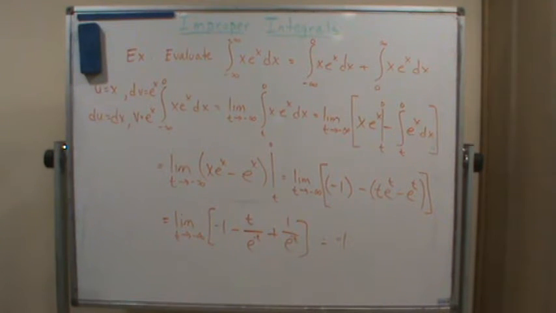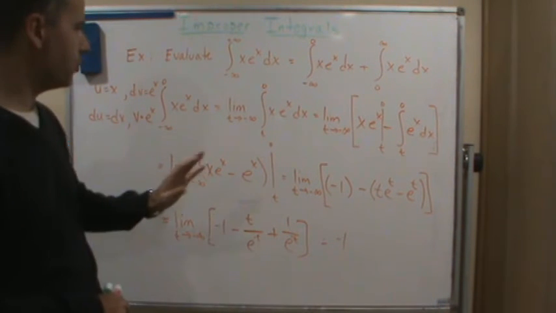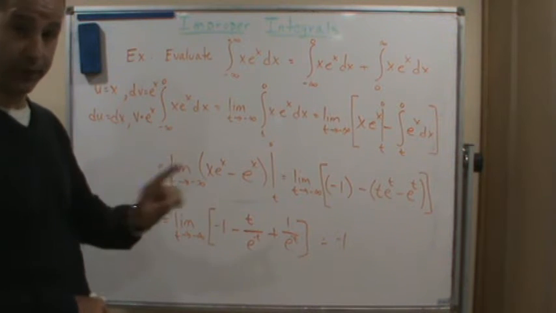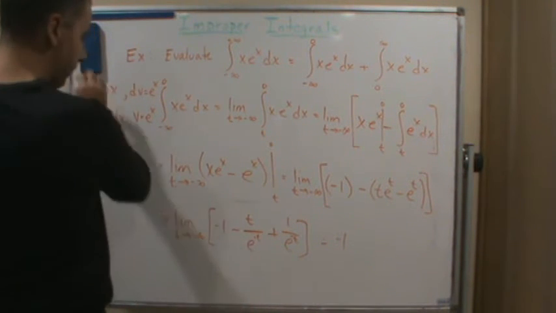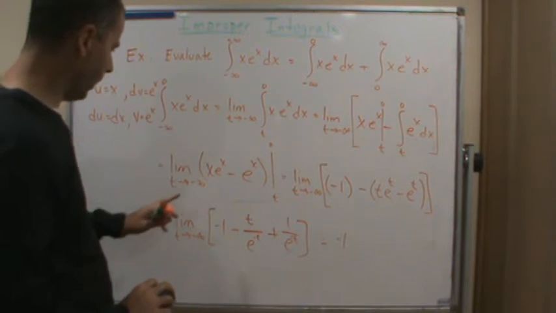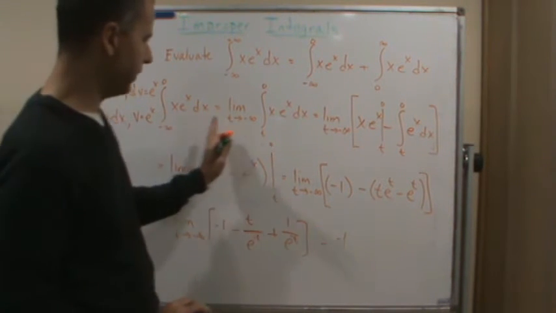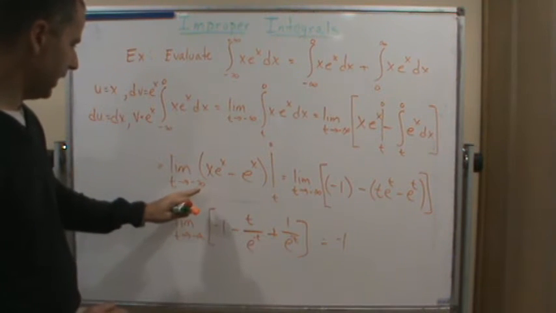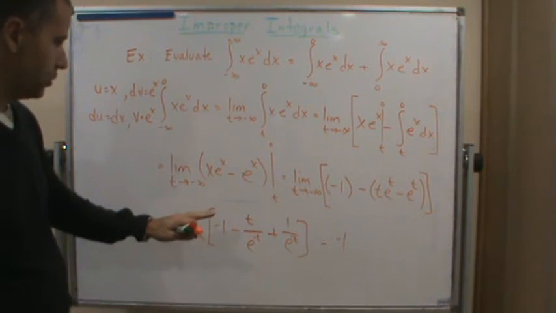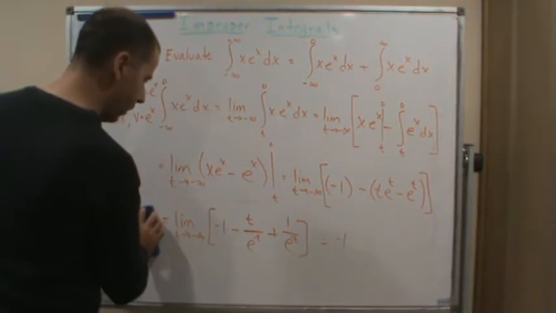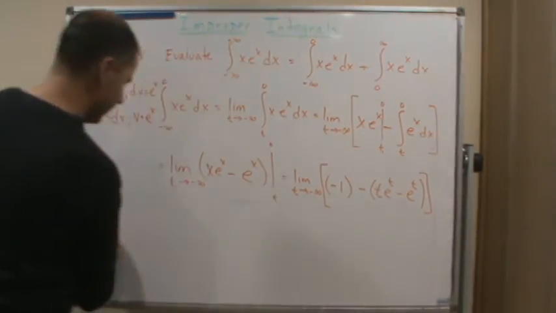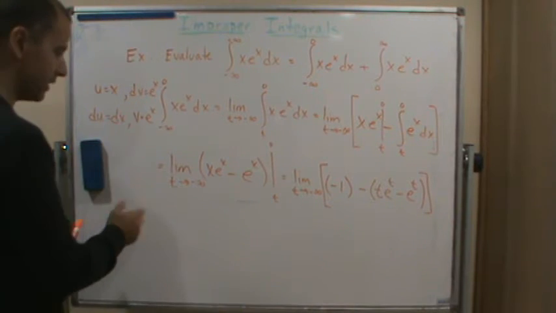Okay, now, what about the second part? I'm not going to do the whole thing over again because we already know what happens with the integration by parts. So what if this goes to positive infinity? Everything's the same.